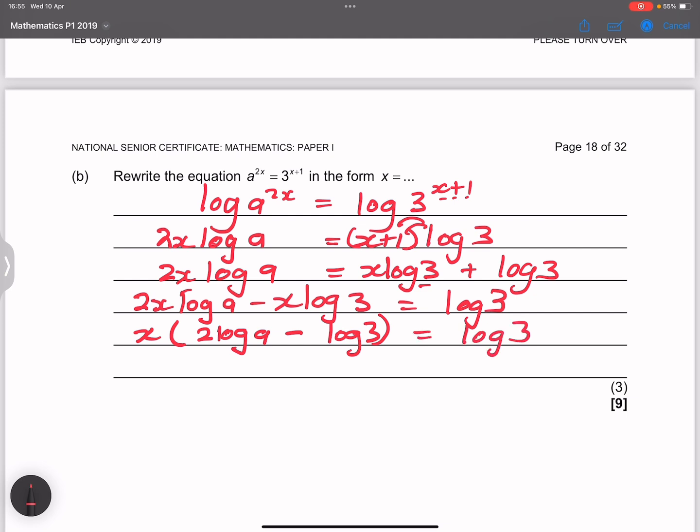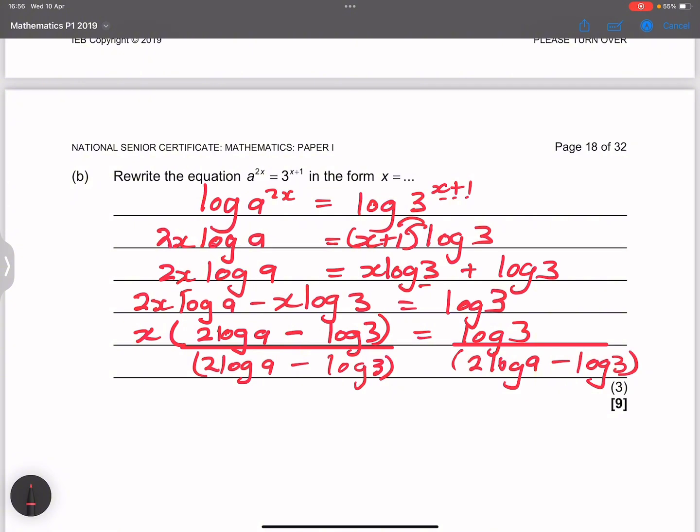Now, ladies and gents, all I'm simply going to do is divide both sides by 2 log a minus log 3. What I do at the bottom, on the left, I do on the right. So this would be 2 log of a minus log of 3.